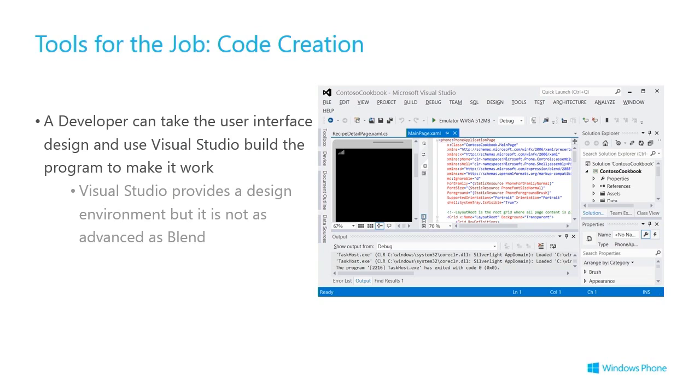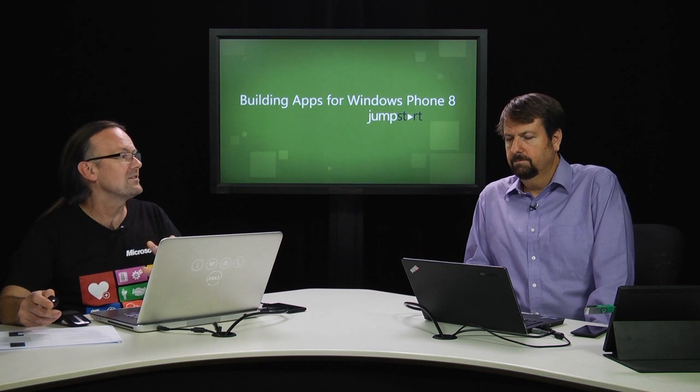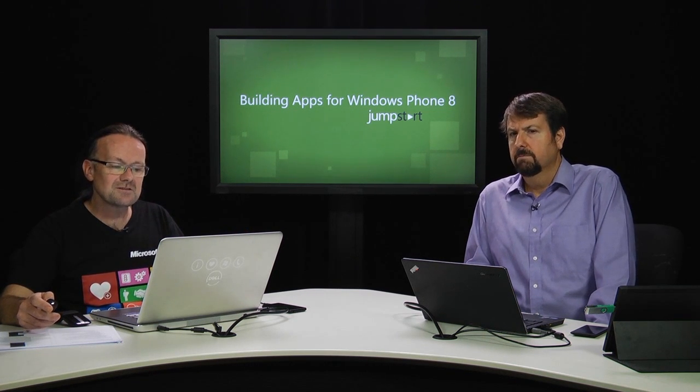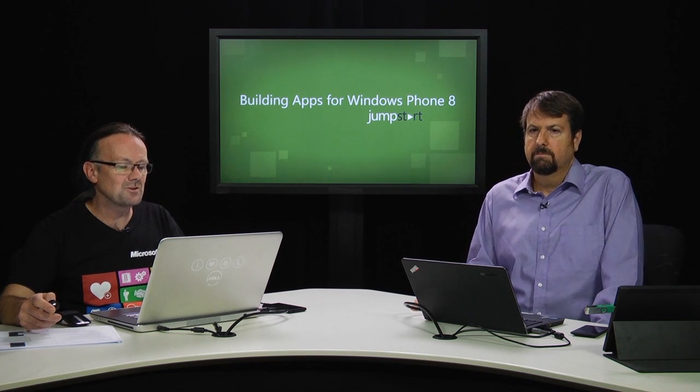Because they were actually looking at what developers were doing and seeing this kind of switching that was going on, so they kind of eliminated that for certain tasks. There's other things you are always going to need to do in Blend, such as rich animations. Definitely. Yeah, that sort of thing. But some of the simpler stuff that you used to have to go to Blend for, you can now do in Visual Studio.